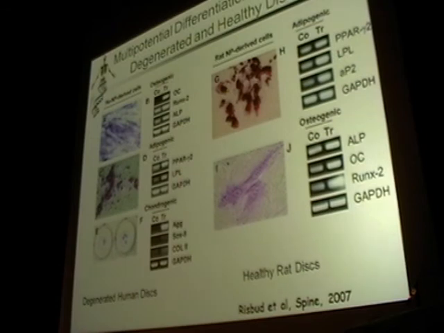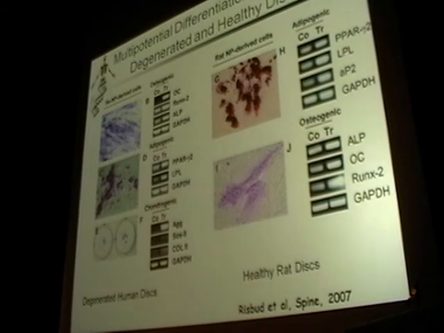In a collaboration with Jefferson University, we found that the nucleus pulposus tissue contains stem cells that much resemble the phenotype of mesenchymal stem cells, and you can see here that these cells can be isolated from degenerated human discs and also from healthy rat discs.